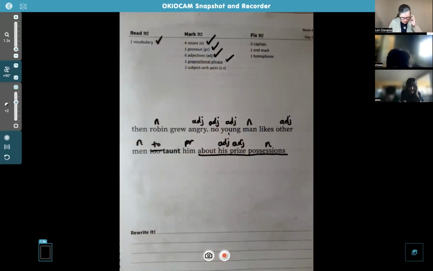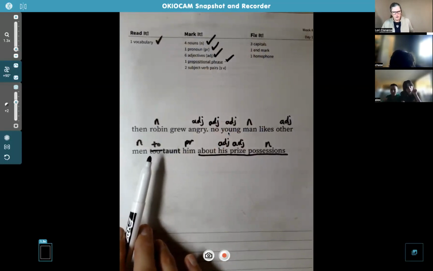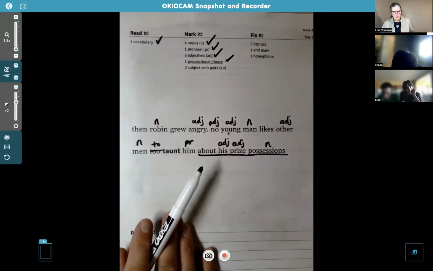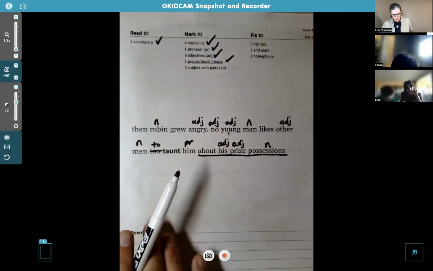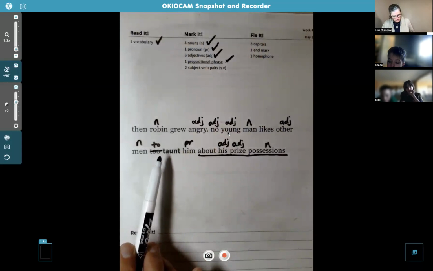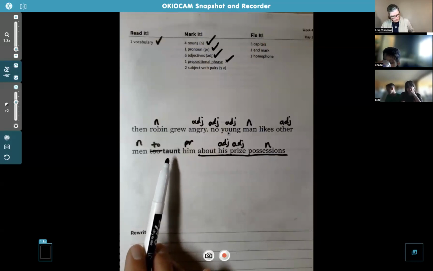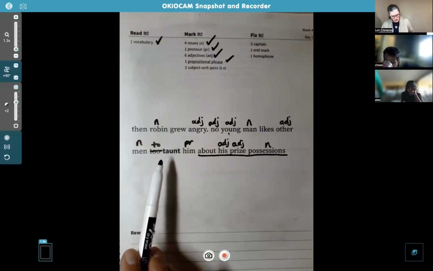Now, earlier we were talking about that word taunt. And I want to explain that a little bit better because to is on the list of prepositions. To is an infinitive here because the phrase to taunt does not follow the pattern of preposition plus noun. When to is followed by a verb, it's called an infinitive.